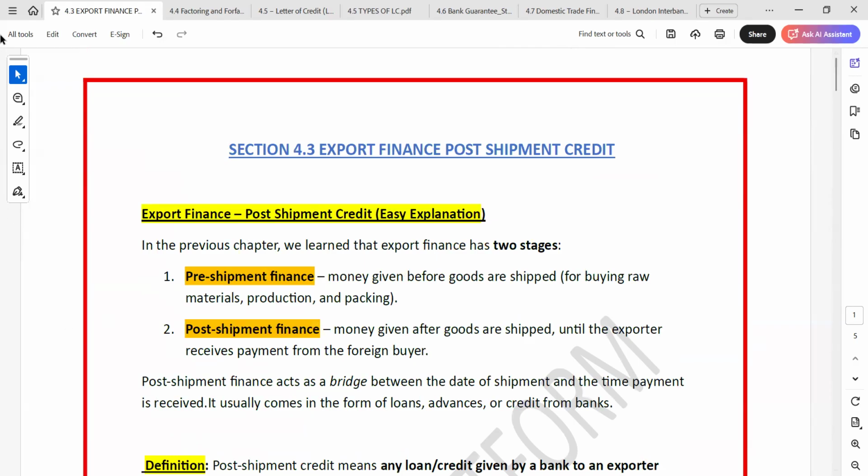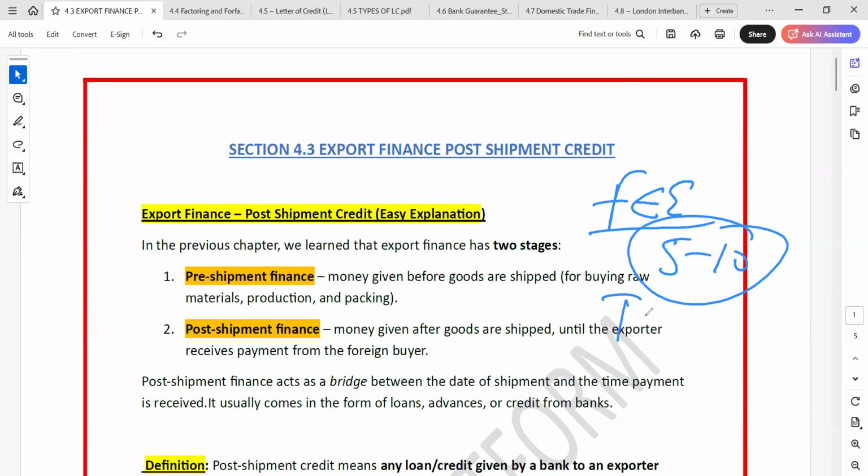If you are going for the foreign exchange exam, you will get around 5 to 10 questions from this topic. And in international trade finance also, this topic will give you a minimum of 5 to 8 marks. Mostly the questions will be case study based. The concept should be clear to you.